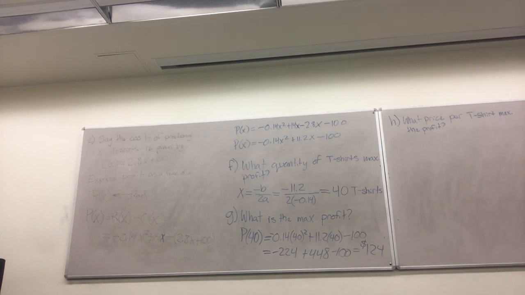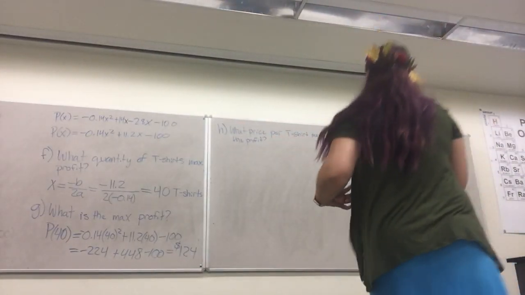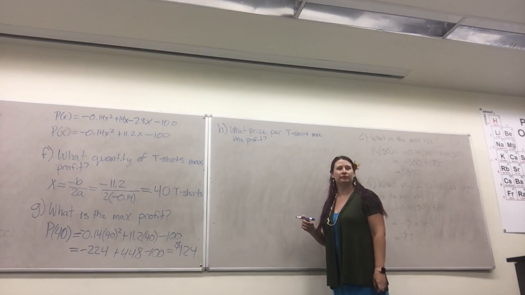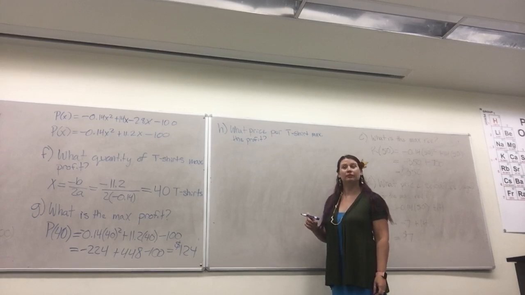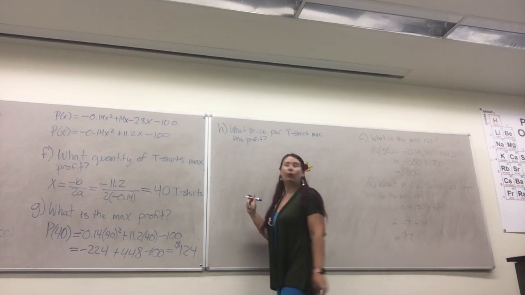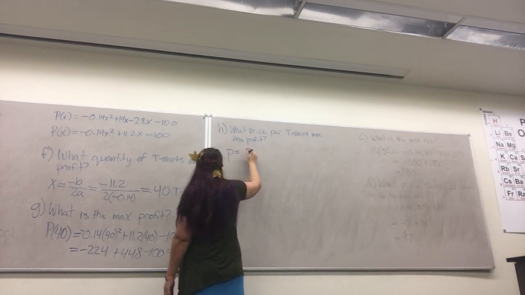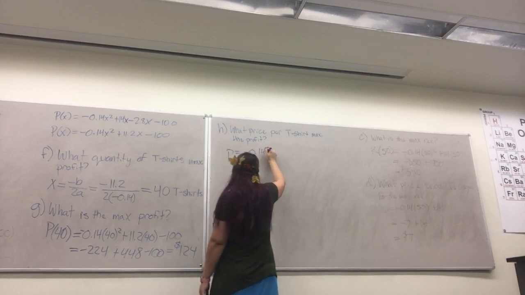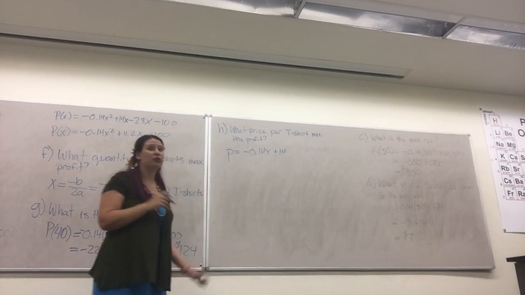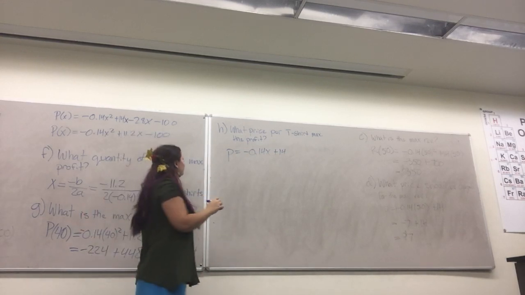So, now we want to find the price. How do we do that? Price equation, which I just erased. But it was P equals negative 0.14x plus 14. We just plug 40 into that, right?